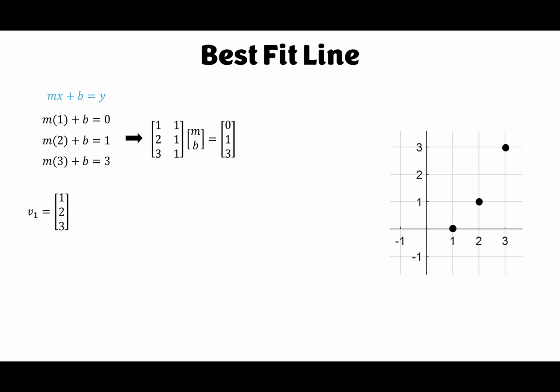All right, so V1 is 1, 2, 3, V2 is 1, 1, 1, and V3 is 0, 1, 3. Now the vectors V1 and V2 are not orthogonal, so we need to come up with an orthogonal set that spans the same space as V1 and V2. That's the Gram-Schmidt process that we developed in the last video, so I'm not going to show it all again here.